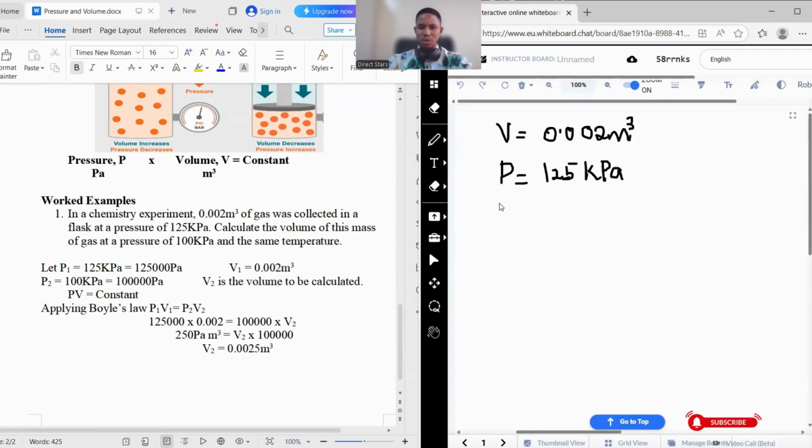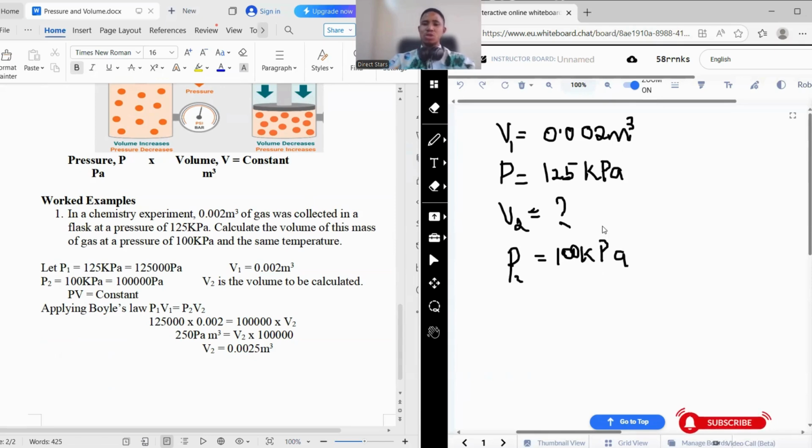Calculate the volume. Let's name this volume V1 and the new volume V2. We have another pressure, which is P2 equals 100 kilopascal. Now, what do we do here?